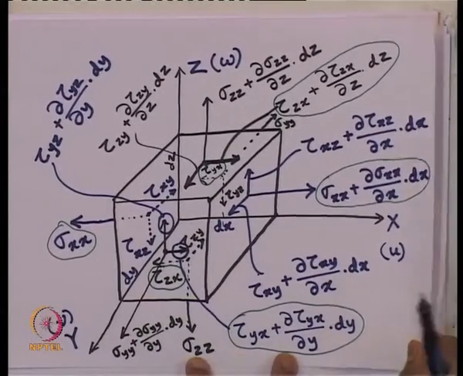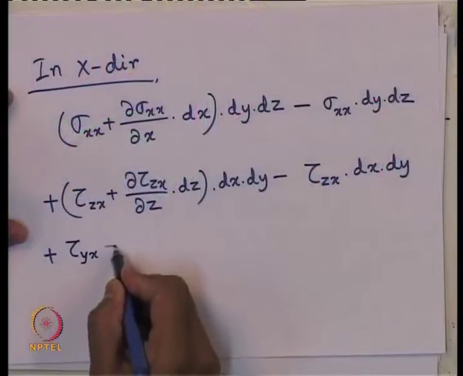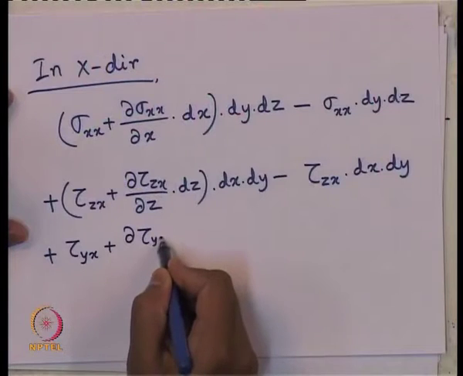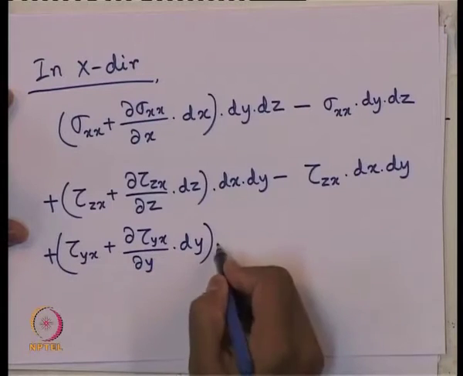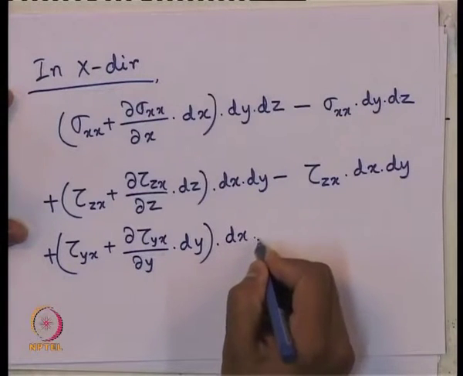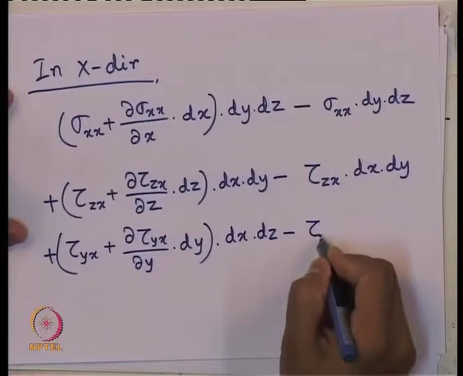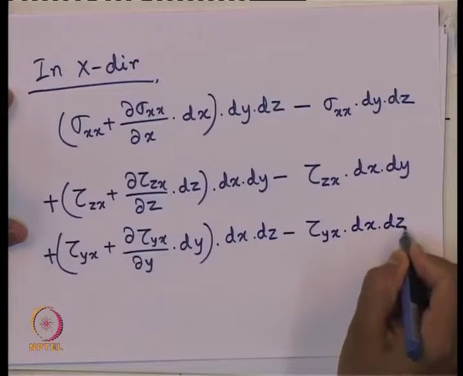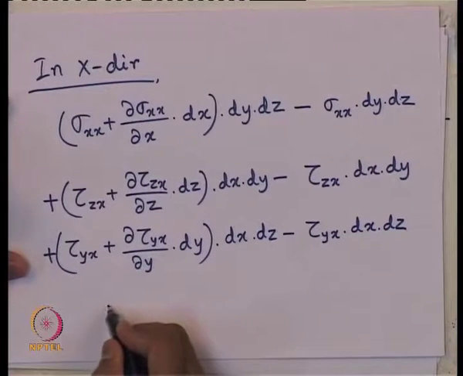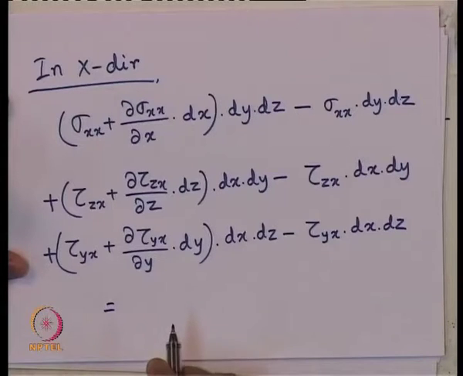If we multiply this shear stress by the area, we get the force tau yx plus del tau yx by del y into dy, times area dx dz, minus tau yx into dx dz. This should be equal to the inertia force, which is nothing but mass times acceleration.